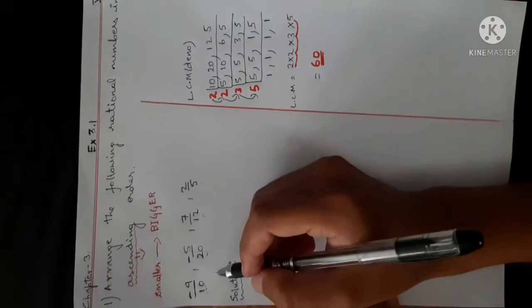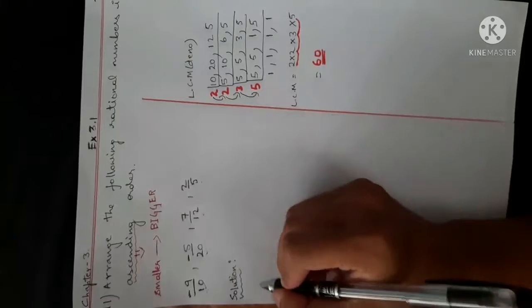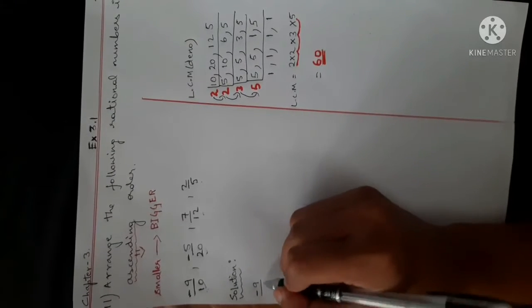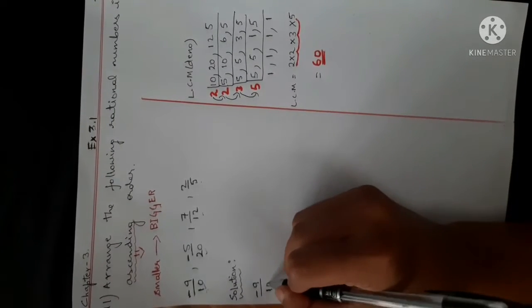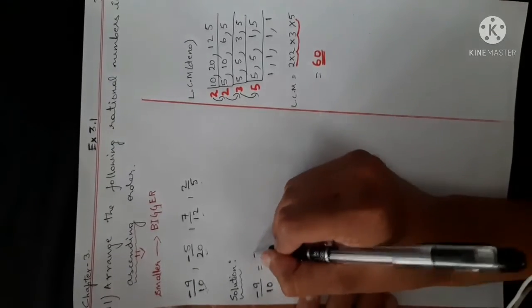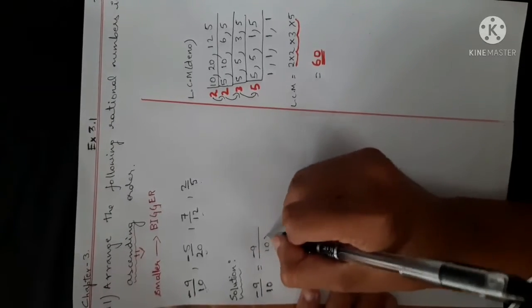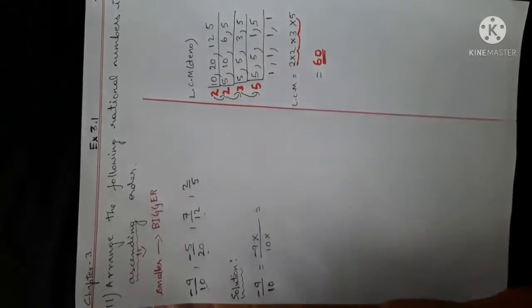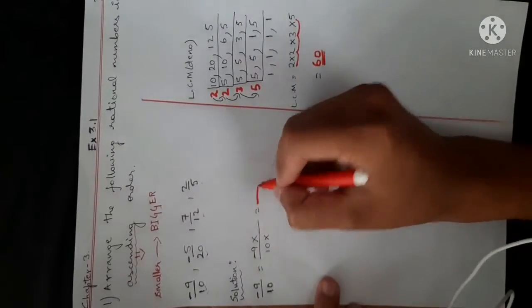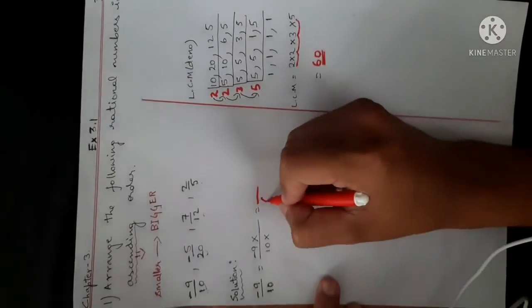So let us do the first rational number. Minus 9 by 10. So we have to multiply in order to get the denominator 60.